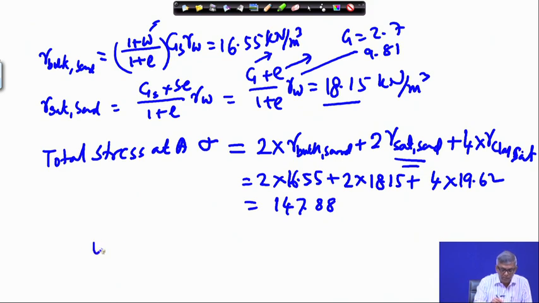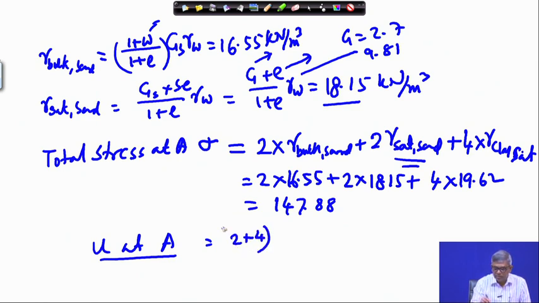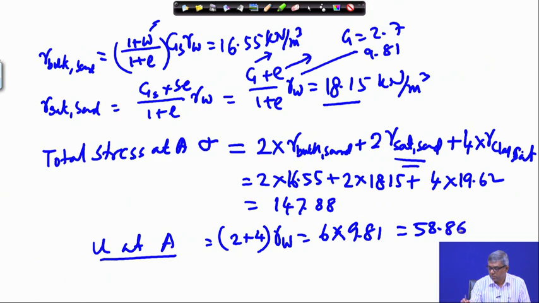And what is the u at A? You have 2 meter plus 4 meter, 6 meter into gamma_w. So, 6 into 9.81, that gives you 58.86. Every time unit is important, kilonewton per meter square.